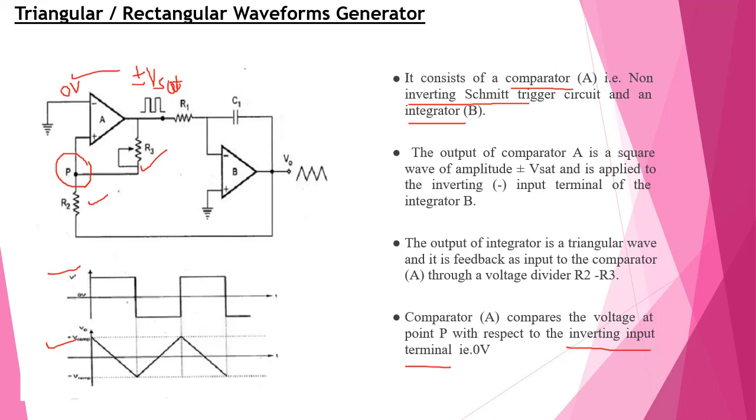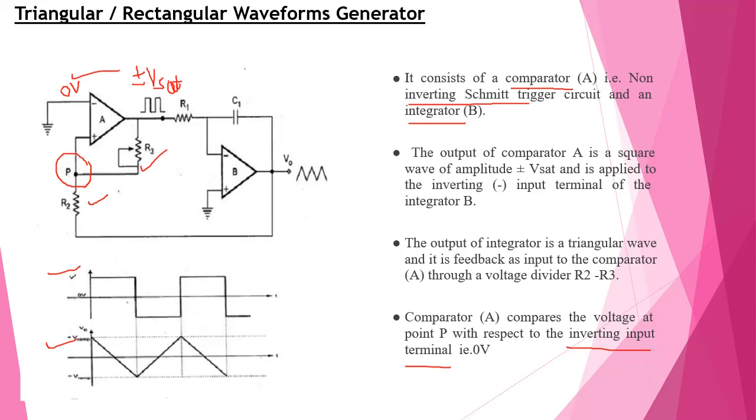Either of these Vsat voltages is applied to the input terminal of the integrator. Then the output of the integrator is a triangular wave, and it is fed back as input to the comparator through the voltage divider R2 and R2.